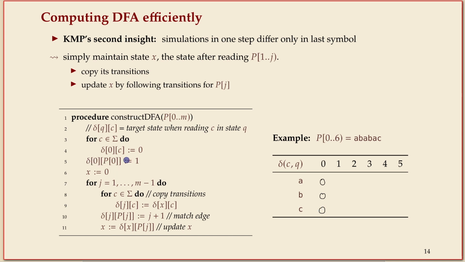But then we override the match edge. So state 0 and the first character of the pattern A should instead go to state 1. That corresponds to the one matching edge that goes to the right. Now I maintain also this state X where I was when I read the pattern without the first character. And initially I'm in state 0.